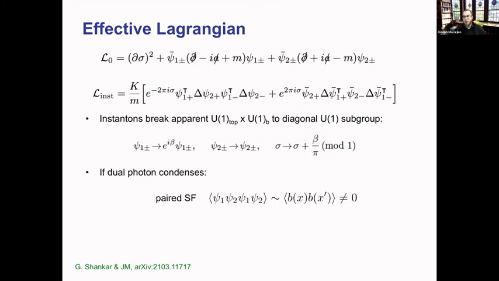Now we can try to understand where a superfluid phase comes from. In fact, there are 2 possible superfluid phases that one can make manifest here. If this interaction becomes relevant, then you expect that the dual photon will condense, and this is what happens in the Polyakov story. Now, if the dual photon condenses, the first thing that will happen is that this 4 fermion operator will also acquire an expectation value.